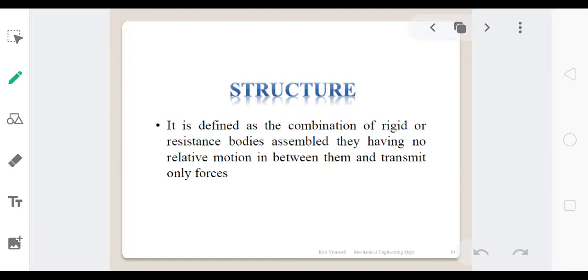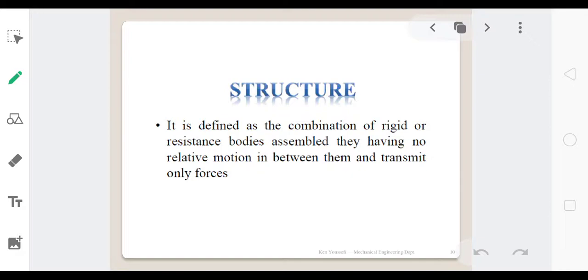That's why the mobility of that structure is zero, so there will be no movement. But if we apply a force on that assembly, it is able to transmit that force to various links, and finally to the ground.